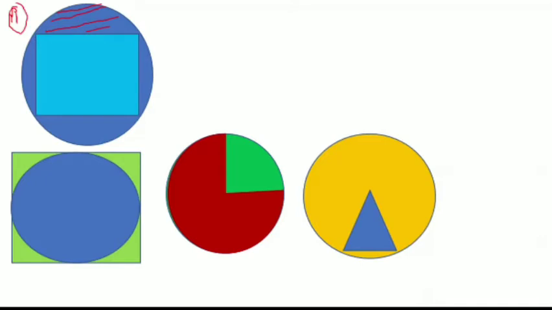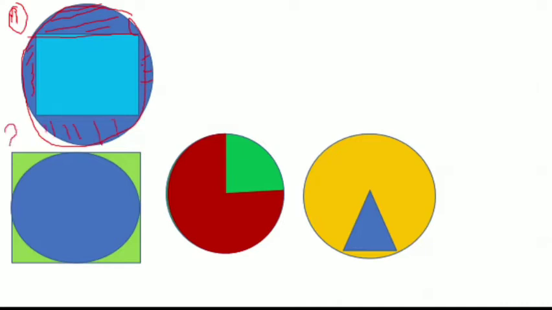Here we have to find the remaining area. You can see there is a circle outside this boundary. From the area of the circle, if you subtract the area of a square, then you can easily find the remaining portion area. This is how we can find the area of this shaded portion.